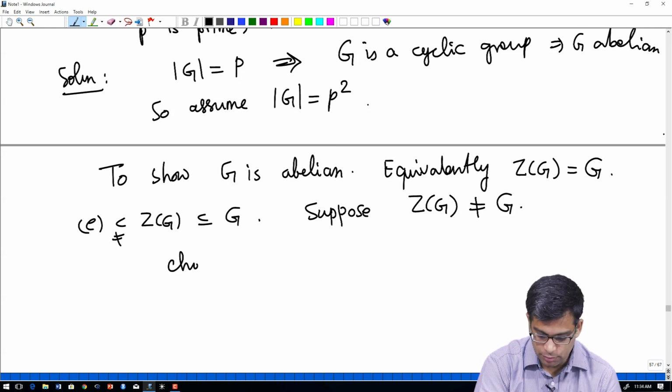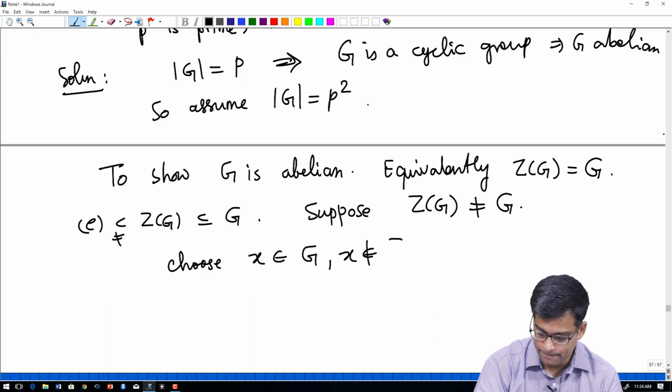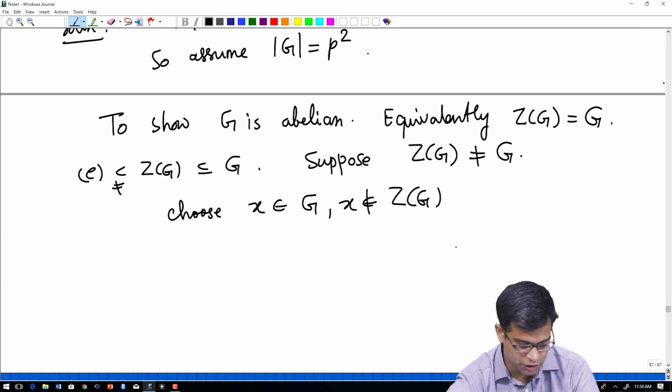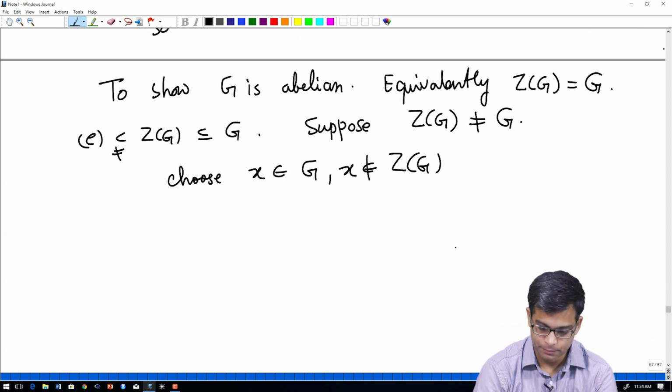So, choose x in G, x not in the center, right. If the center is not all of G, there must be something that is not in the center.